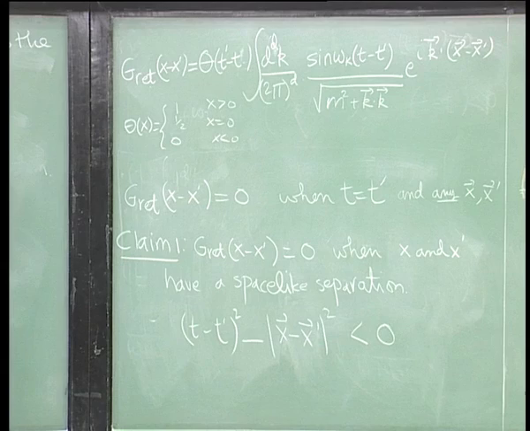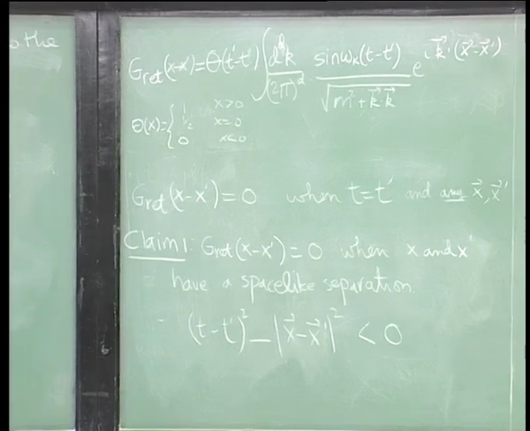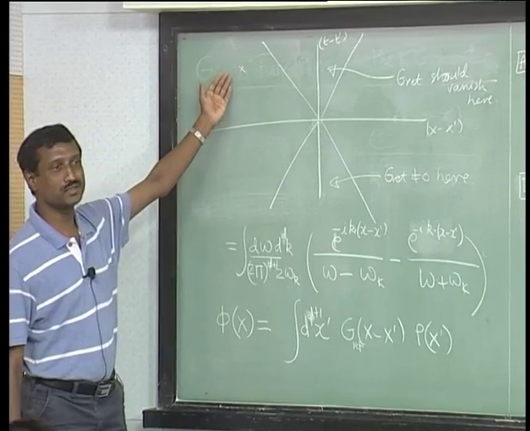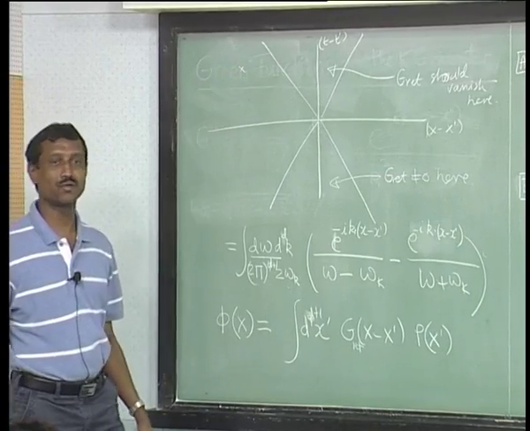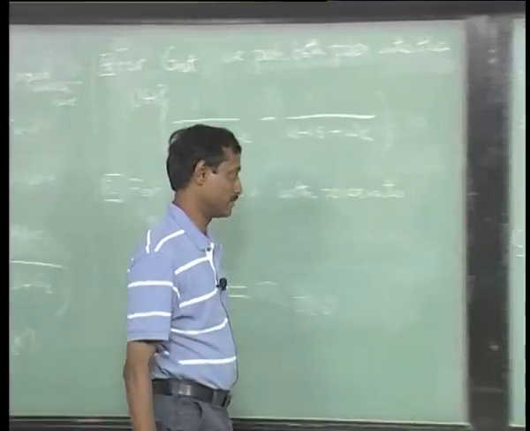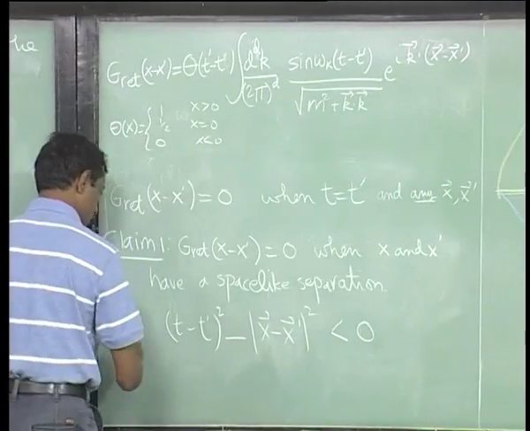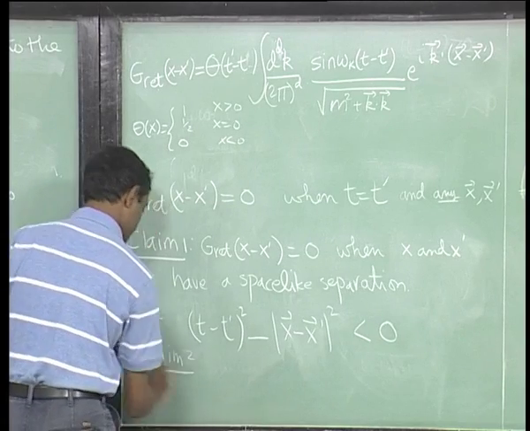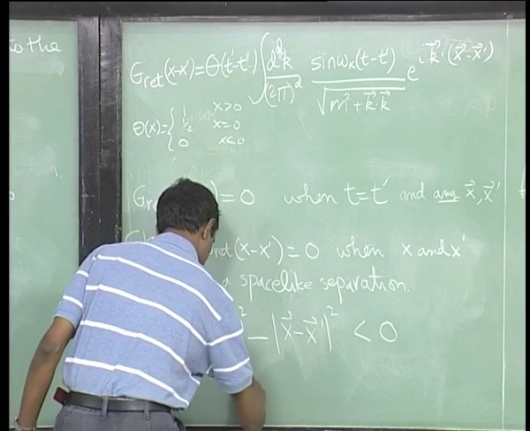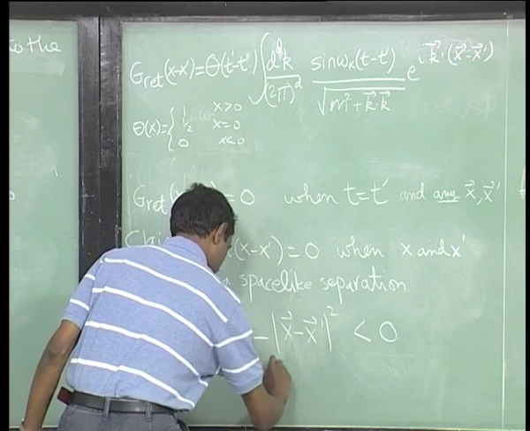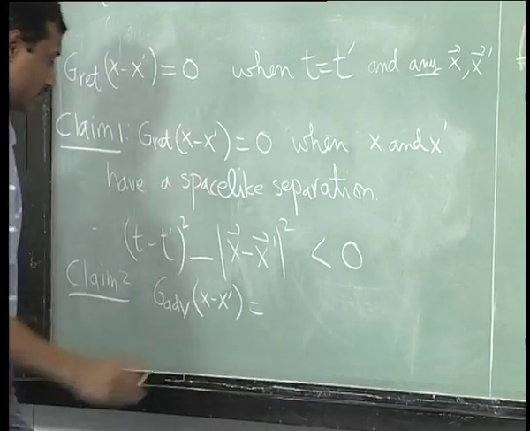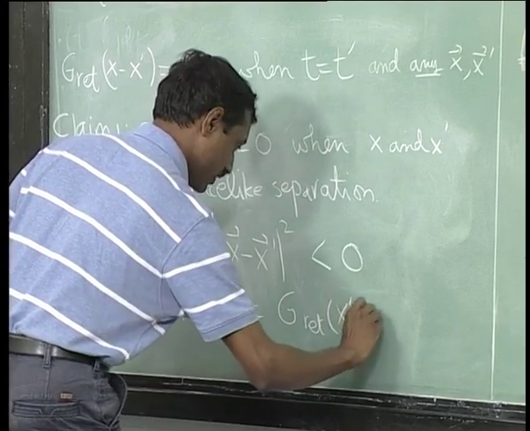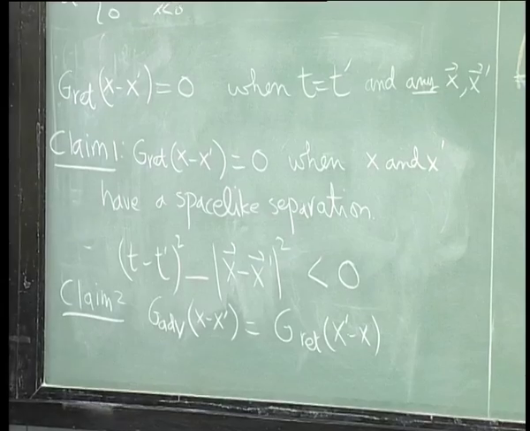So this is a simple claim, it is a fun exercise, do it only in 1 plus 1 dimensions, it is enough for you to see that, and then you can convince yourself that it holds always. Okay. And the next claim, which is even easier, is G advanced of x minus x prime equals G retarded of x prime minus x. So I have exchanged the roles.